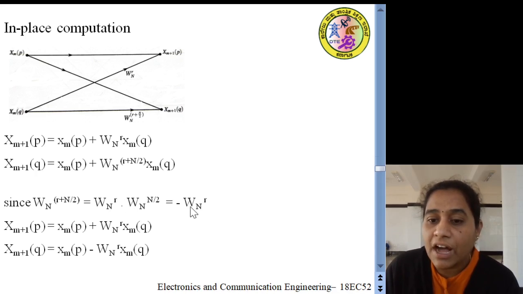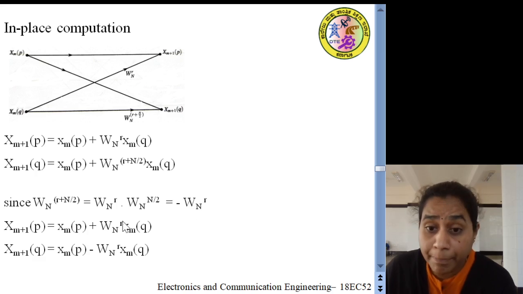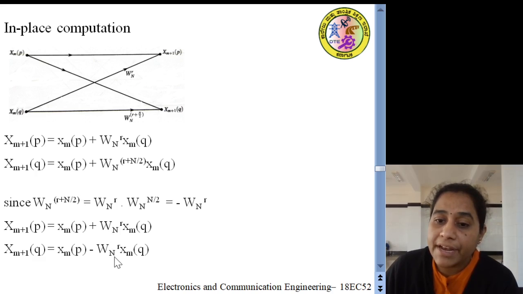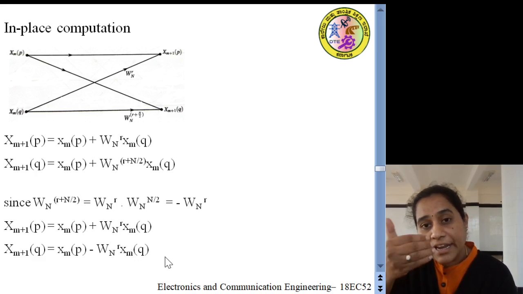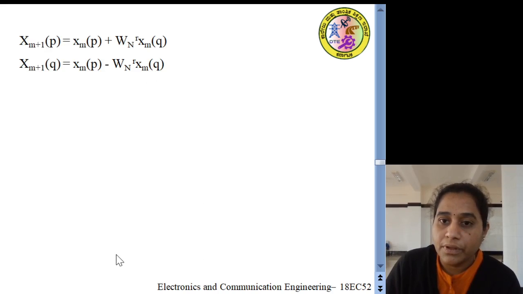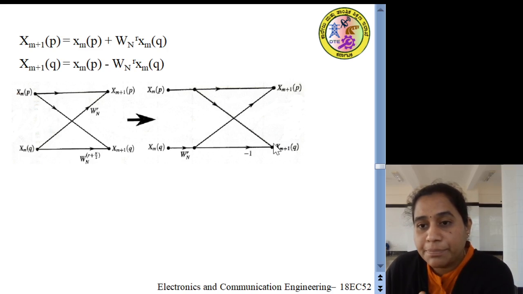So x_(m+1) of q is equal to x_m of p minus W_N raised to the power r into x_m of q. This is how we can reduce the computation. This represents addition of these two, and this represents subtraction of these two. Same thing, so this gets reduced to this particular operation.